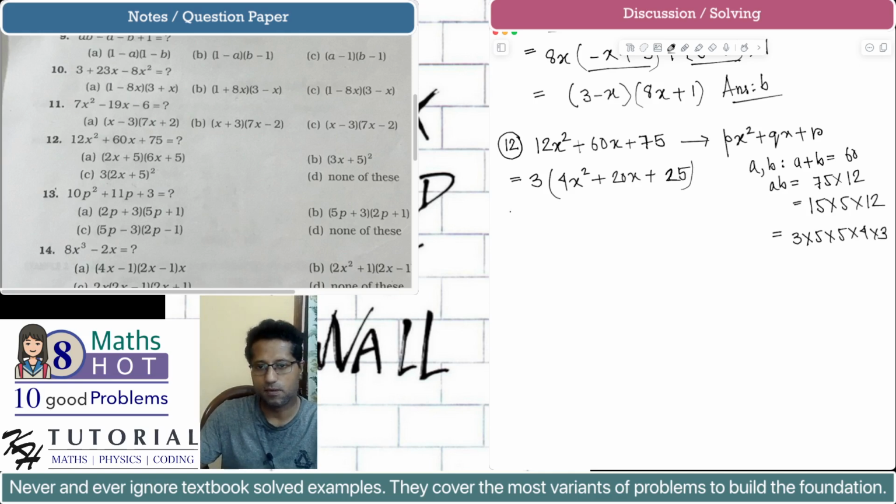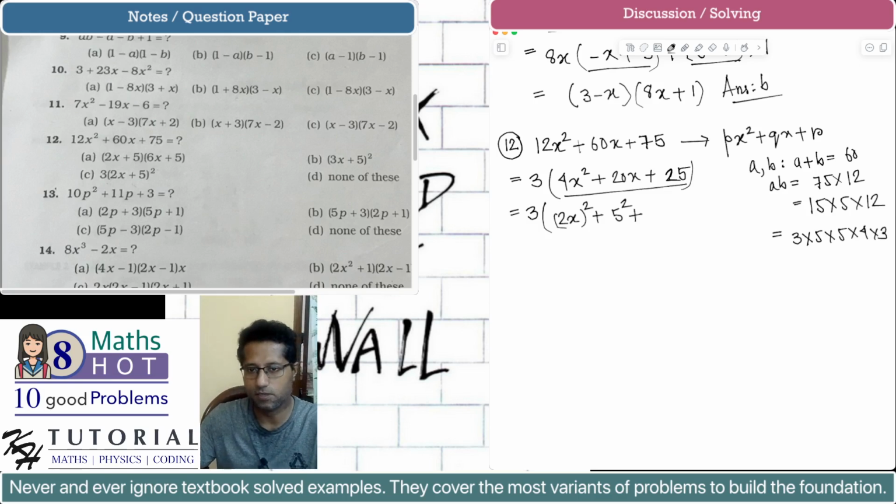Now you see that this trinomial possibly can be expressed as a square plus b square plus twice ab, because 4x square can be expressed as square of 2x, 25 is 5 square, and since the term in the given expression is 20x, we have to see if it is in the form 2 into 2x into 5, and indeed it is.